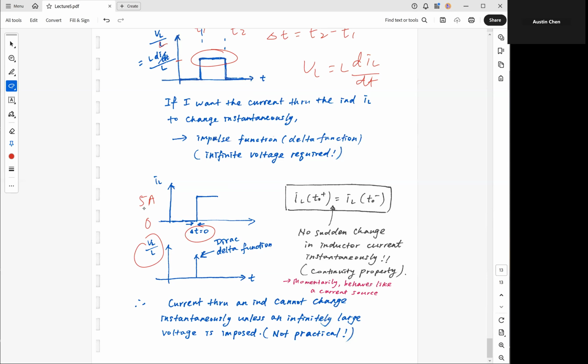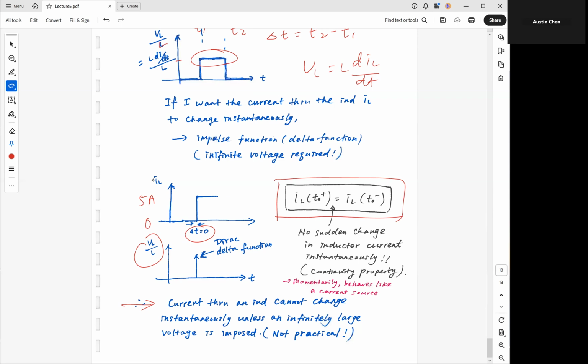But we know this is not practical. So there's a note here: the current passing through an inductor cannot change instantaneously. It cannot change suddenly. However, it can change gradually, it can change slowly.